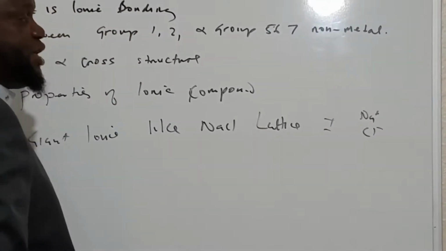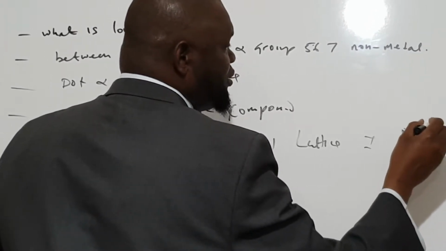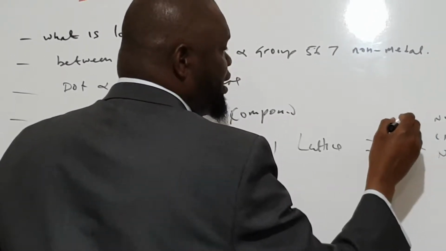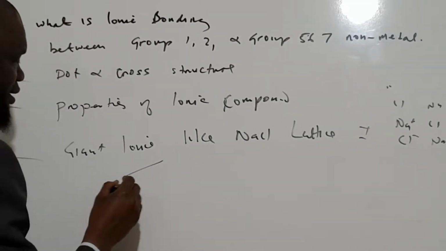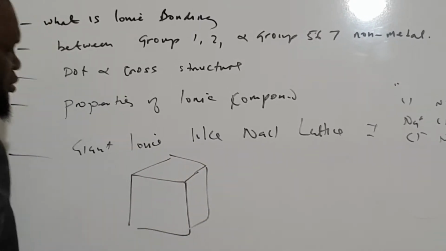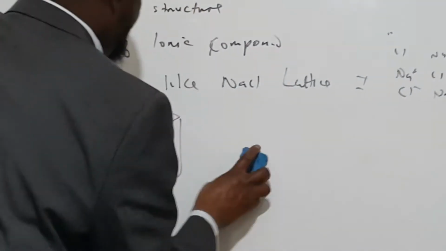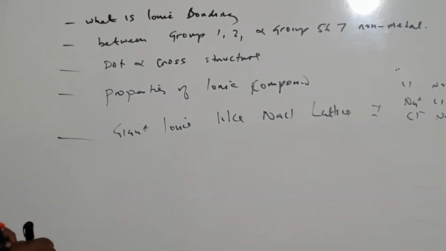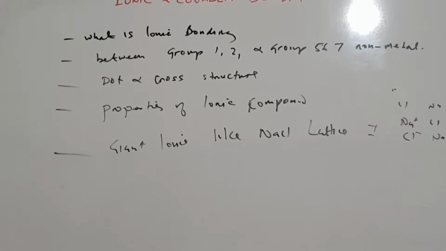In a giant big structure, you may have sodium here, chlorine here, sodium here, chlorine here, sodium here. So it's just like a big structure like this. That's why when they dissolve in water, they can conduct electricity, because these ions can move.